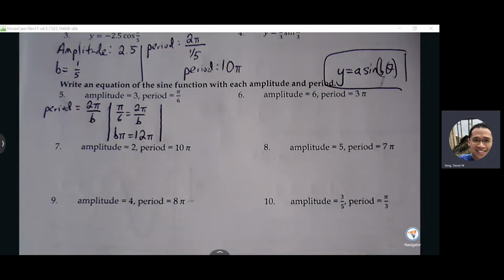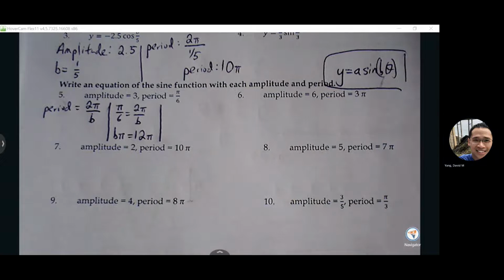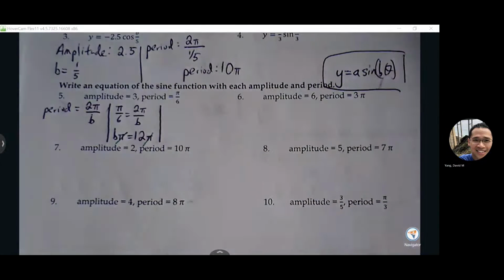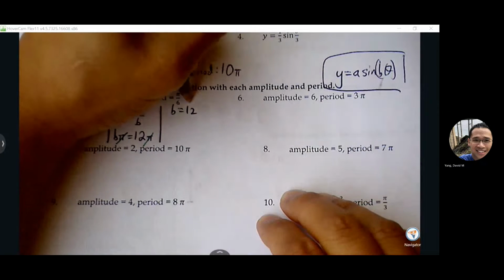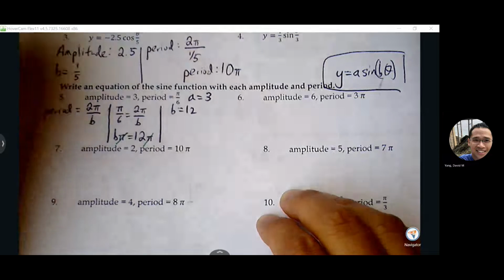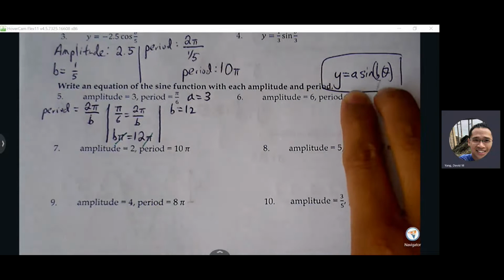I can take pi away from both sides of the equation. What's my b value? b is 12, a is 3, so now I'm just going to insert them into my sine equation.